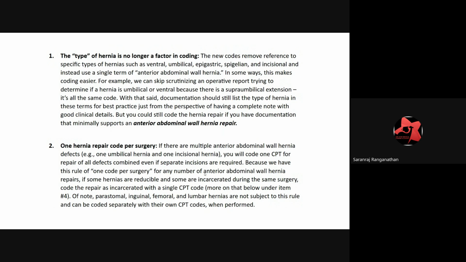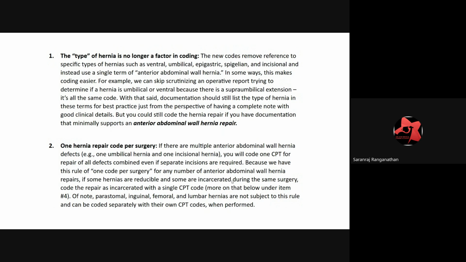So they are telling, if in case one umbilical hernia and one incisional hernia are there, how we have to consider. In this scenario, we follow the one code concept only, like coding, if a nearby hernia is there, we are adding it and coding, right? That policy, one code per surgery, that one we are following.